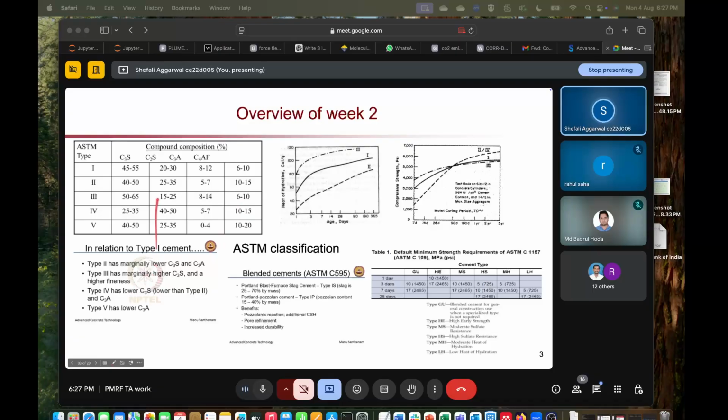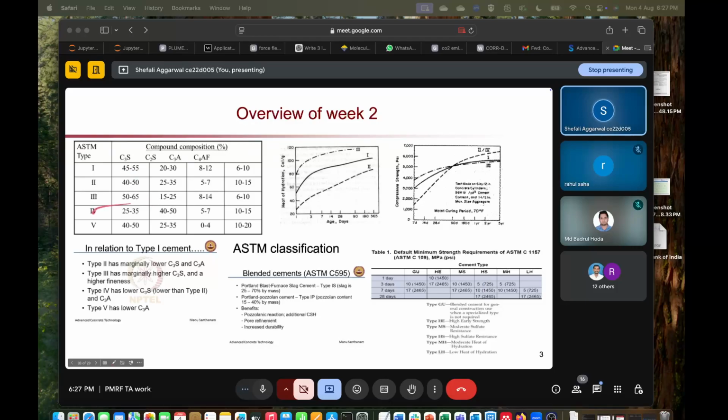In comparison to that, type 2 cements have lower C3S and lower C3A composition, and in type 3 the C3S composition is marginally higher than type 1, and the fineness value will also be more.